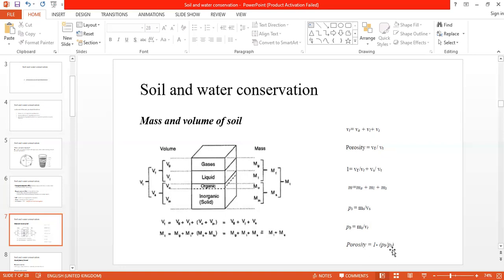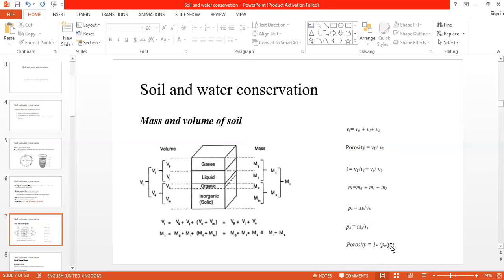Tomorrow, when we start the lesson, we'll look at a few calculations, and this will be one of them, showing that porosity is equal to 1 minus bulk density over particle density.